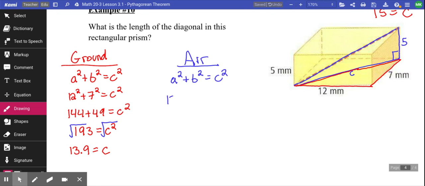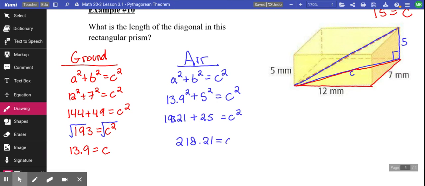That means I have 13.9 squared plus 5 squared equals my new c squared. 13.9 squared is 193.21 plus 25 equals c squared. 218.21. Thank you, Miles.